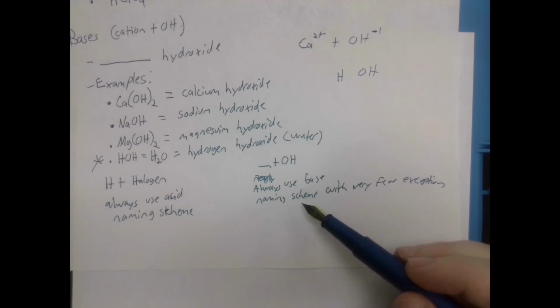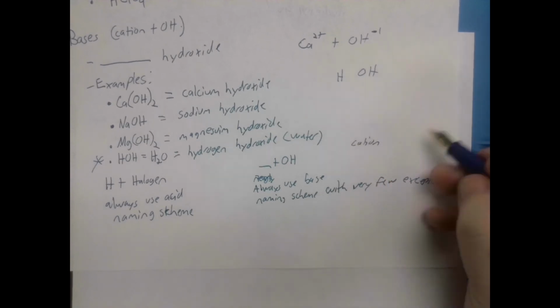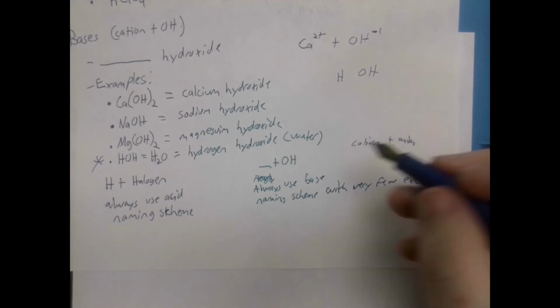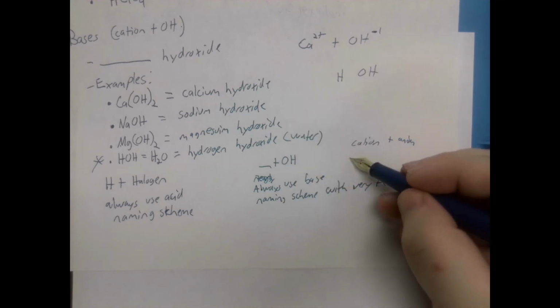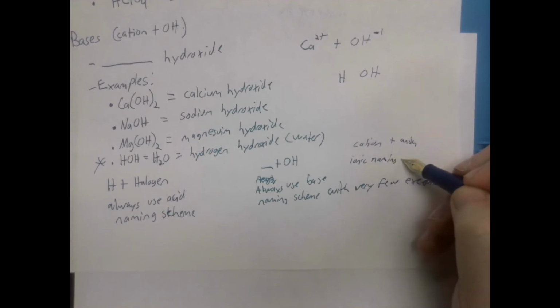What is the ionic naming scheme? Write the cation and then put the name of the anion, if it's polyatomic, without any change. Then they're the same thing. Base naming scheme and ionic naming scheme are exactly the same. There is no change between them.